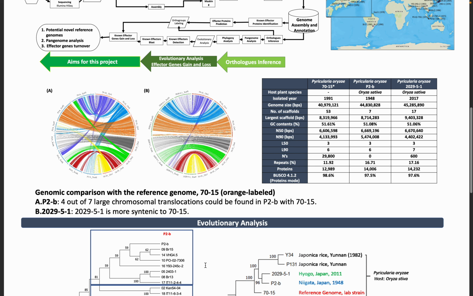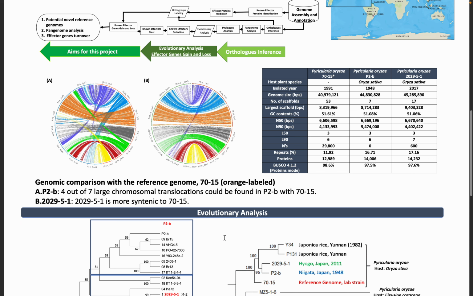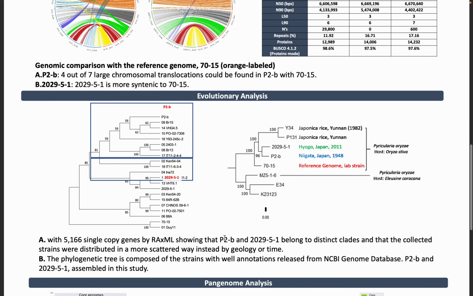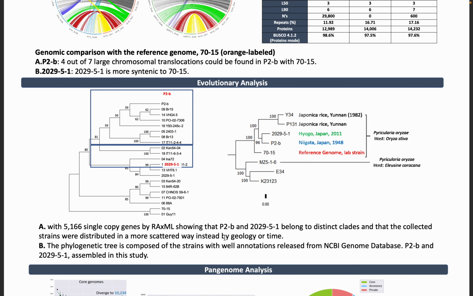So later, based on the genome assemblies we obtained, here we can conduct the evolutionary analysis in the following approach.